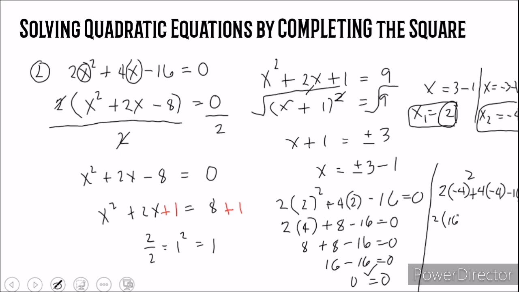Positive 4 times negative 4 is negative 16 minus 16 equals 0. Then afterwards, 2 times 16 is 32 minus 16 equals 0. 32 minus 16 is 16 minus 16 is equal to 0. And then 16 minus 16 is 0 equals 0. So, nakuha na natin yung correct answer.